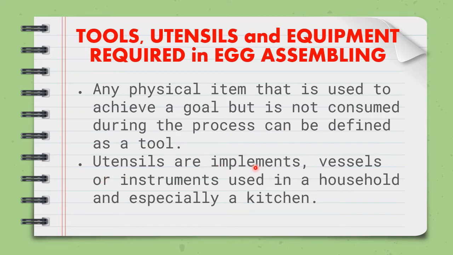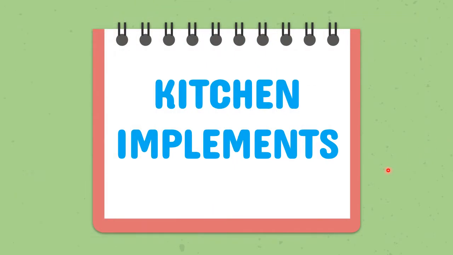Utensils are implements, vessels, or instruments used in a household and especially a kitchen. Same with tools, it is used with a specific purpose and usually operated by hand.